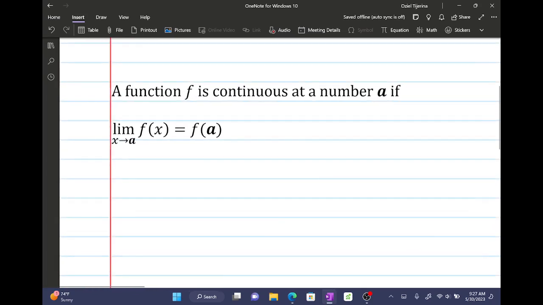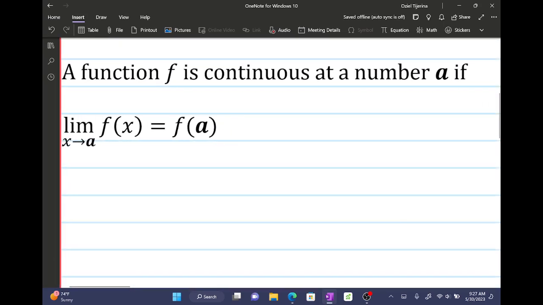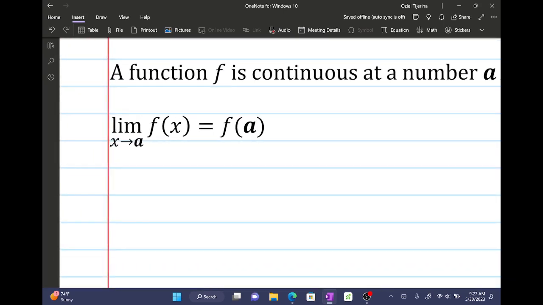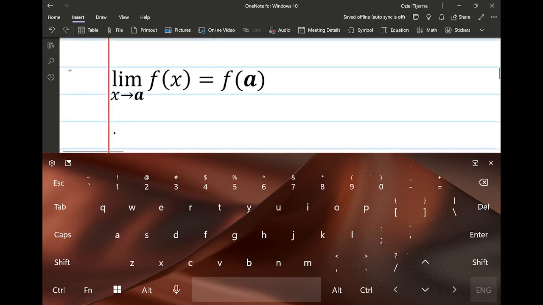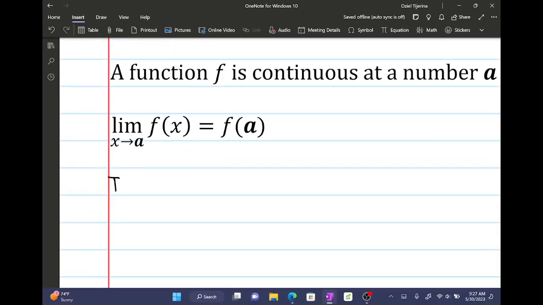A function f is continuous at a number a if the limit as x approaches a of f of x is equal to f of a. And also, there are three rules for this to be true.